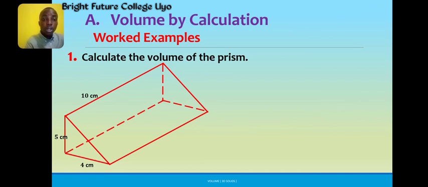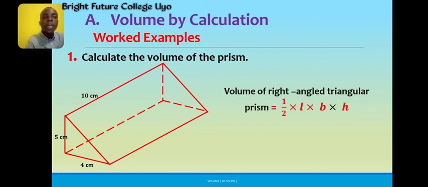I told you already that it's a right angle triangular prism. Even though the question did not state right angle triangular prism, from the diagram you should be able to know that this is 90 degrees and this is a right angle triangular prism. So you use the formula I showed you earlier, which is 1/2 LBH.